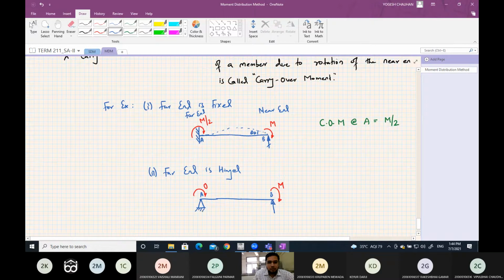A is hinge. So the carryover moment at A in this case will be 0. Okay, so this is the carryover moment for far end fixed and far end hinge.